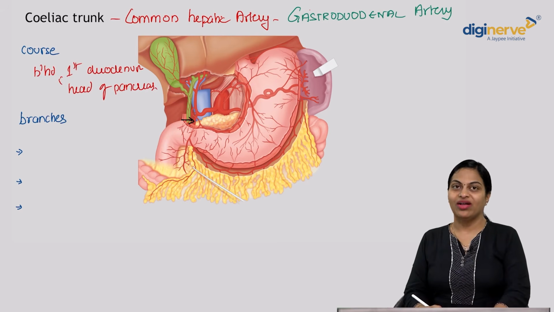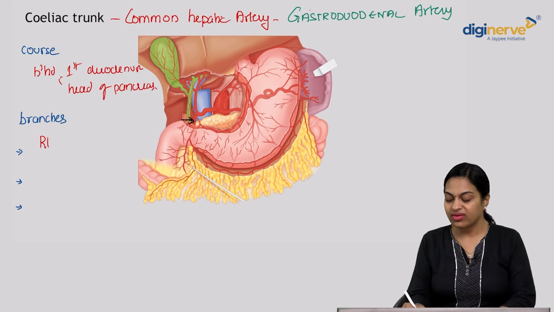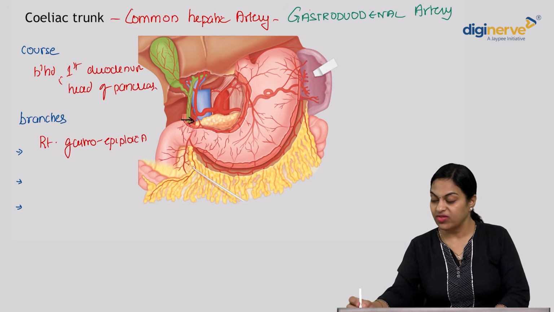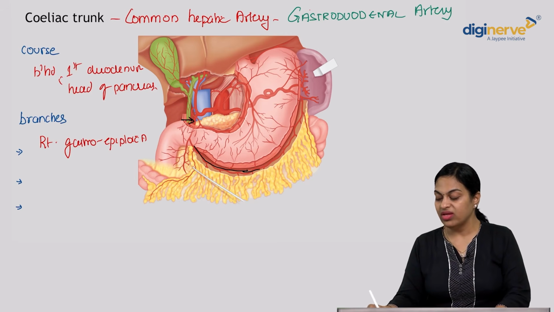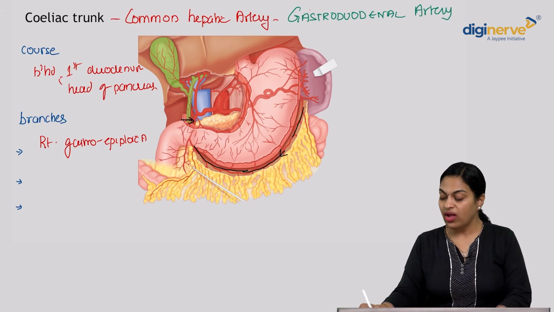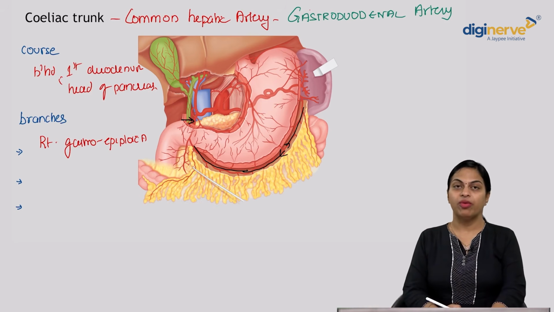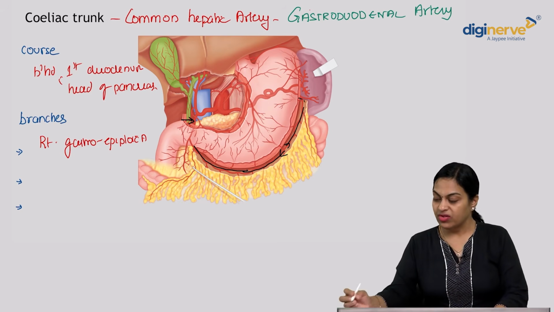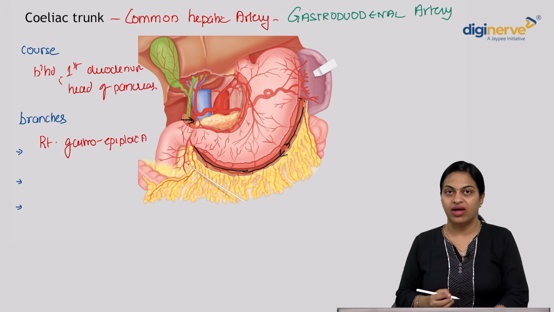It is going to divide into the right gastroepiploic artery. The right gastroepiploic artery is the one that you see here. It runs along the greater curvature within the greater omentum to anastomose with the left gastroepiploic artery, a branch of the splenic artery. So that's the right gastroepiploic artery.